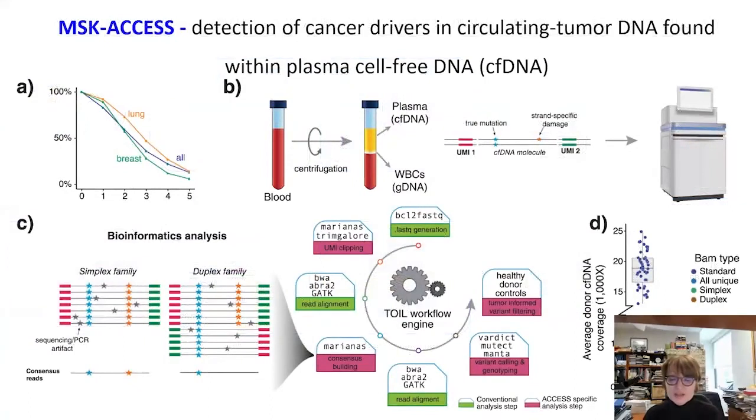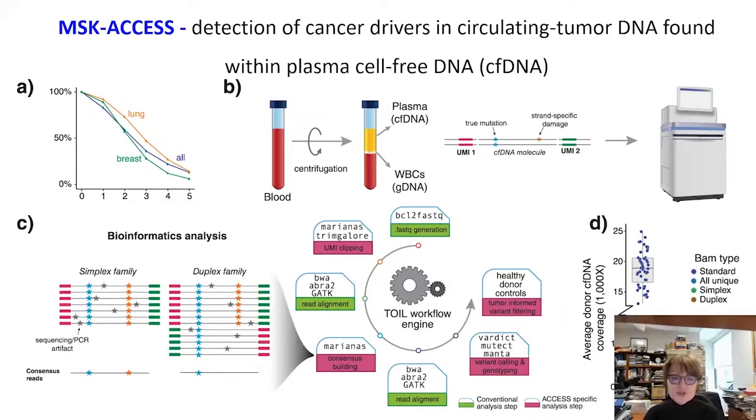Okay, moving on to the last platform that we offer here at Memorial, which is MSK-ACCESS. Here we do sequencing on a blood sample, not on the tumor tissue. So we take advantage of the circulating tumor DNA, which is found in the plasma.